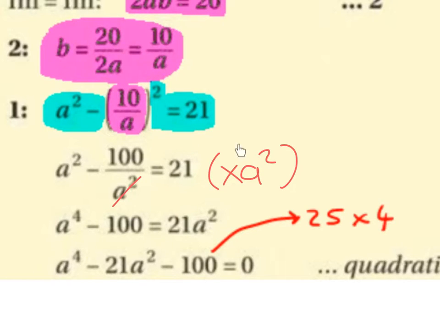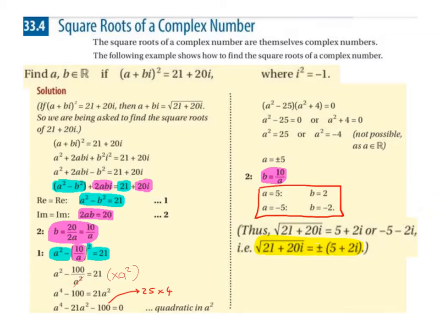And 21 times a² is 21a². So we just multiplied across the entire line by a². Next, we're going to bring everything over to the one side. So a to the power of 4 stays where it is. The 21a² comes over the equal sign, becomes -21a². The -100 stays on that side, so it doesn't change sign, and this is all equal to 0.